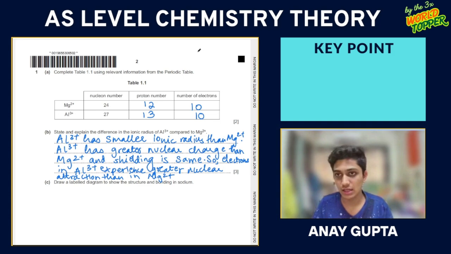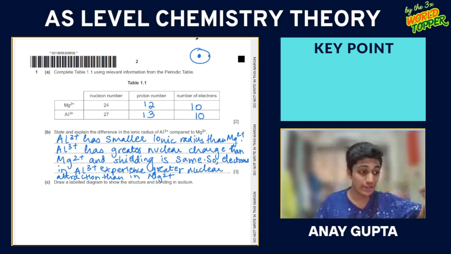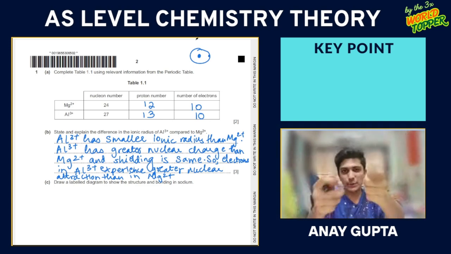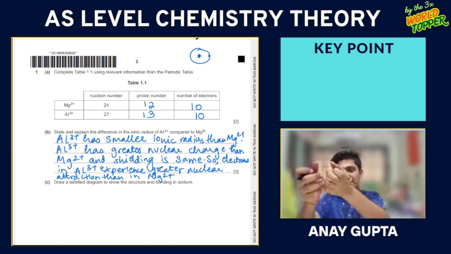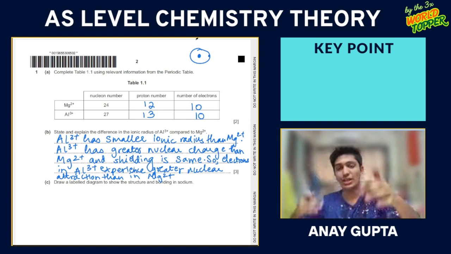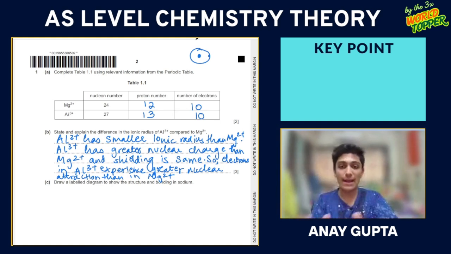So if there's an electron here, let's say this is a nucleus, then an electron over here will experience greater pull, right? Because there's a greater charge, it will pull it more fiercely and to more closer than compared to a Mg2+ ion with a smaller nuclear charge, right?